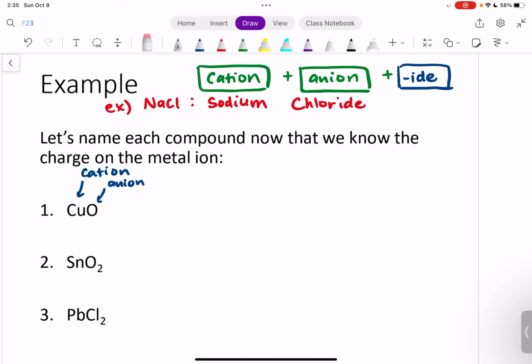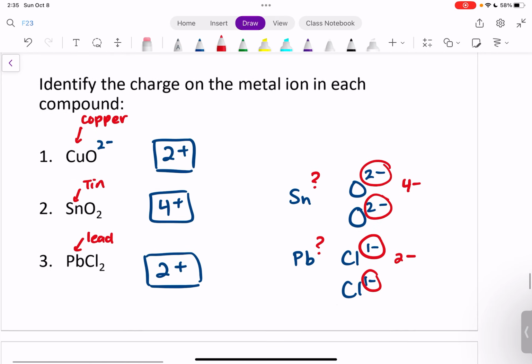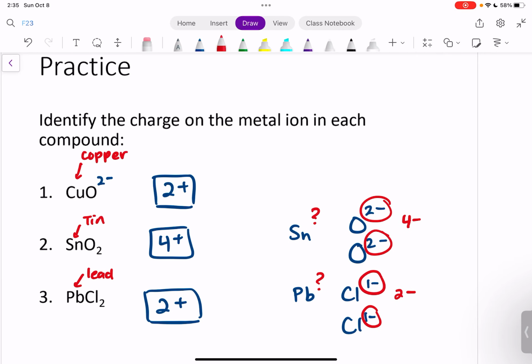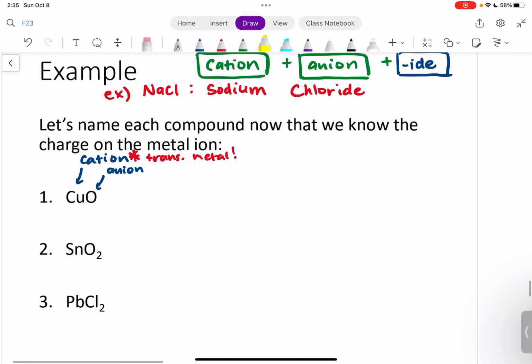And then I just want to make a note for myself that this is a transition metal, which means we have to indicate what charge it has. So this is the same one that we did above, so copper and oxygen. So looking up here, we said, okay, well, copper in this one must have a 2+ charge. And that's the type of ion that we have for copper here.